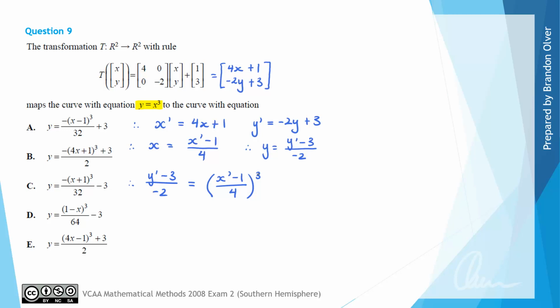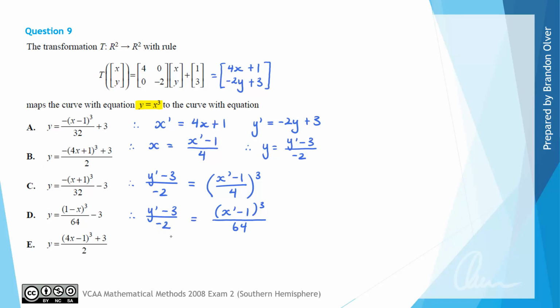The first thing I'm going to do is deal with this cubed, because none of the options have a big set of brackets with a denominator inside the part that's being cubed. So I'm going to turn this into y dash subtract 3 divided by negative 2 is equal to x dash subtract 1 cubed on the top line, and on the bottom line 4 cubed, which we know is 64.